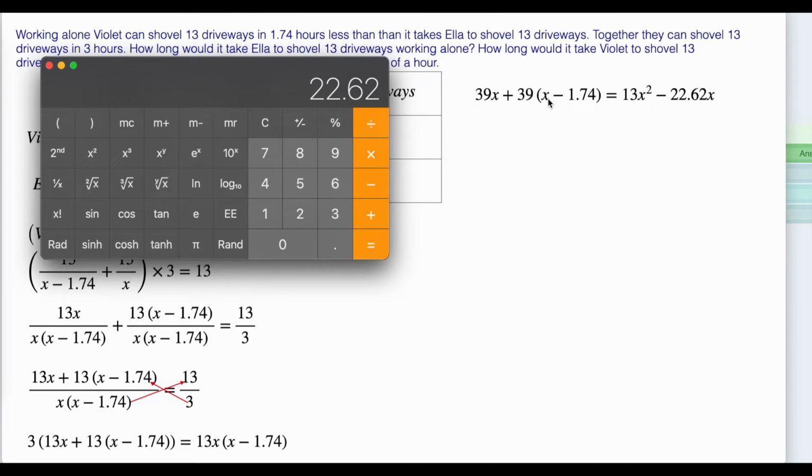The 39 is going to come in, multiply the X, and multiply the 1.74. 39 times 1.74 gives us 67.86.